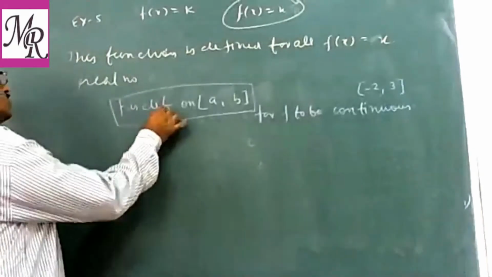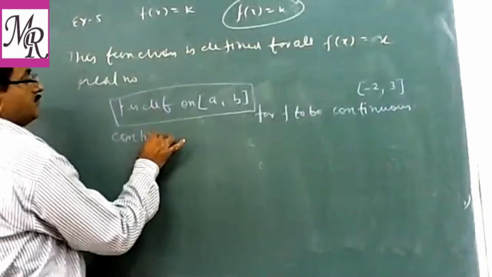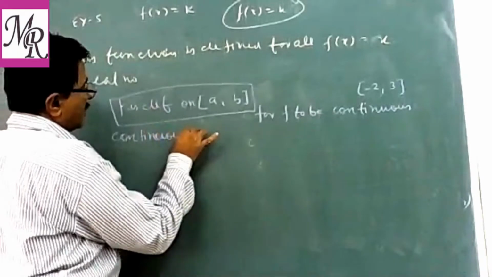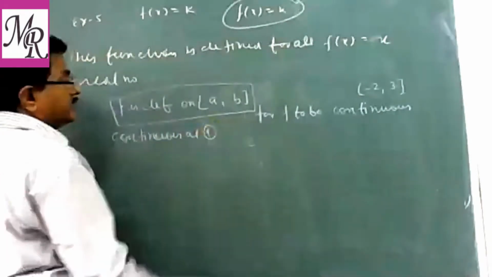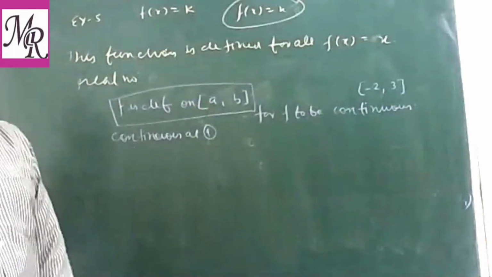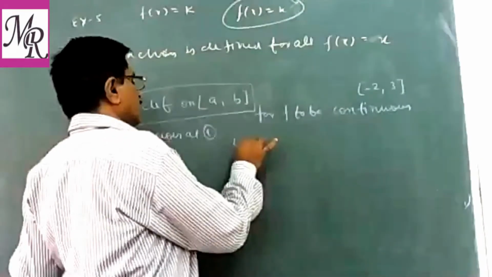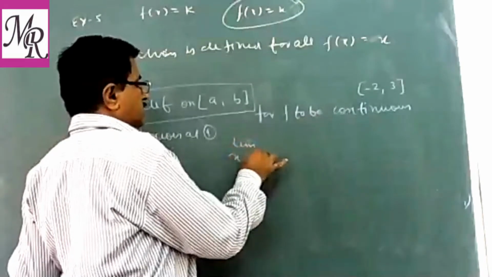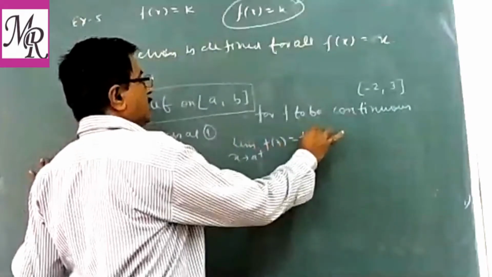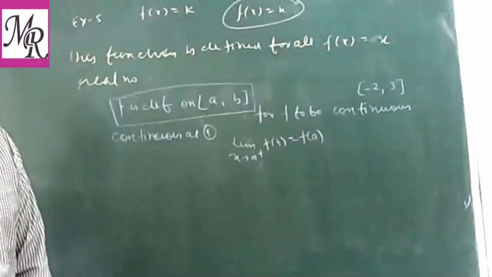Continuity of f at a, if you want to check it, means you have to check for every point. Like a is the first point, so if you want to check at a, it means their right hand limit as x tends to a plus of f(x) should be the value of the function at that point.